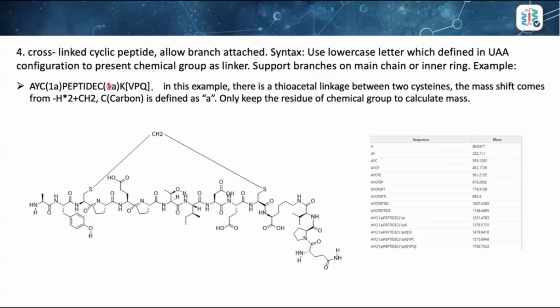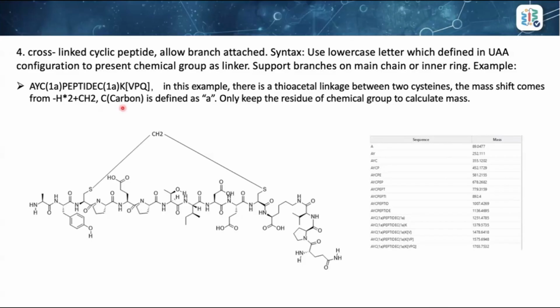The first example is a peptide. In this example, there is no actual linkage between those two cysteines, but the mass shift comes from minus two hydrogen plus a methylene group, so only a carbon remains.